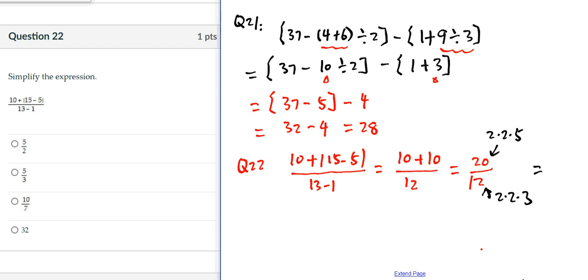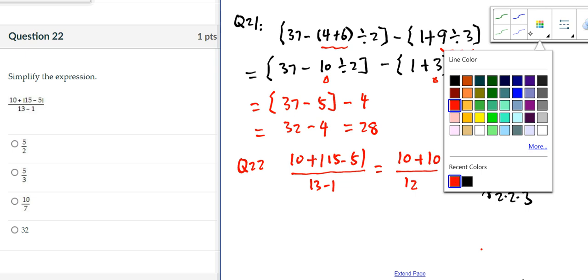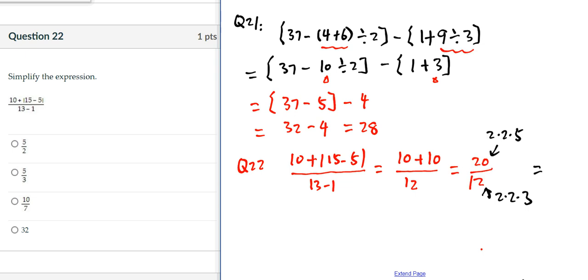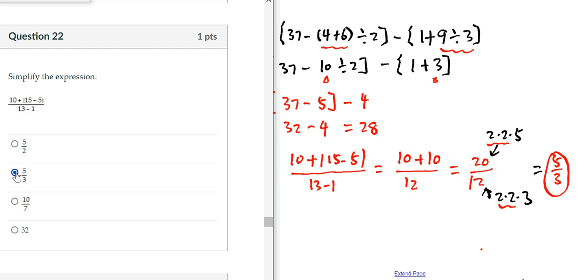What do we get? We get a lot of cancellations here. So you have this 2 times 2 is 4. Cancel this, 2 times 2 is 4. So it's 5 over 3. Do we need a mixed number? It sounds like we do not need to change it. 5 over 3. That's it.